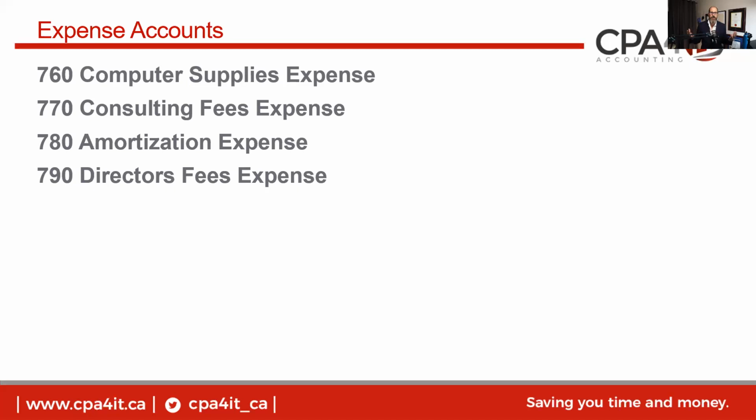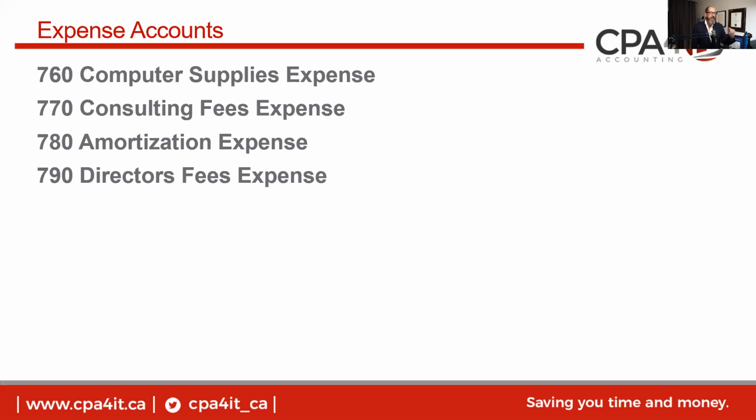We will sum those two numbers, and based on that, we will determine how much of that money you took out will become either salary or dividend, whether we will do income splitting. So once we do that, if we do declare a salary for you, the director, it will be reported here under the director's fees expense. But when you're coding your withdrawals from your corporation, you don't code them under account 790, you code them under account 150, which is an asset account, and it's called director's advances.